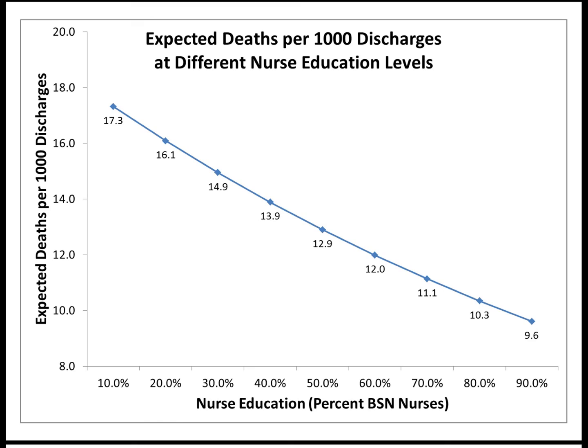To me, as a nursing educationist, of even greater interest is the fact that the higher the percentage of degree nurses or Bachelor of Science nurses as opposed to nurses without degrees, the lower the death rate per thousand discharges.